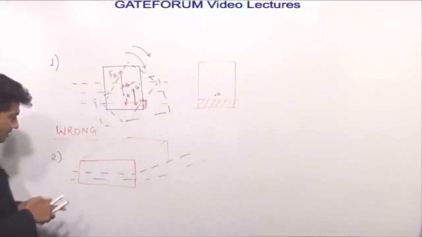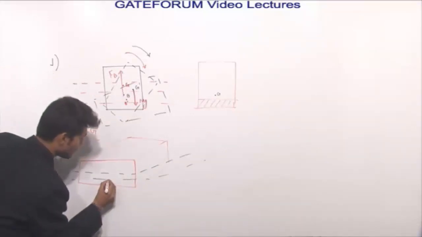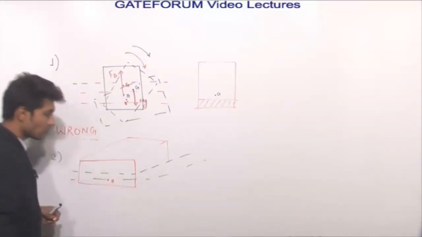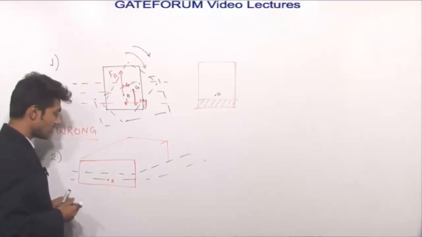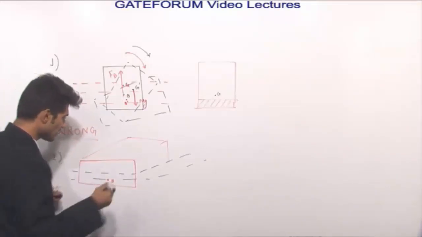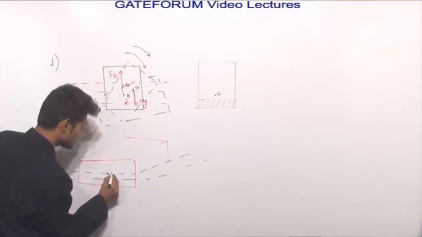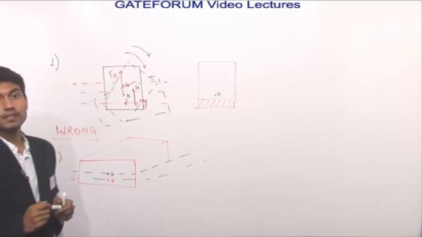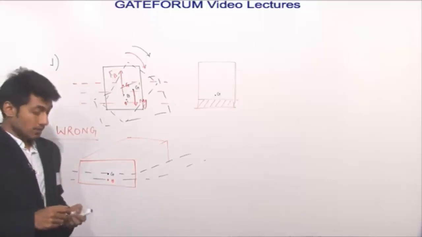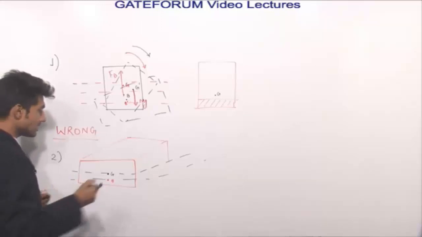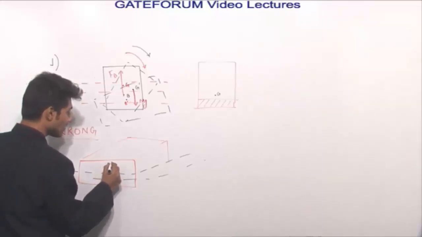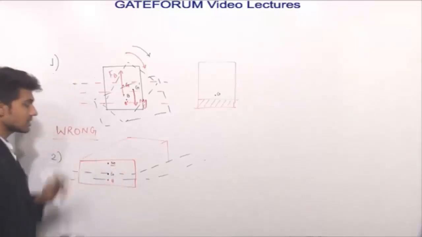So there will be a center of buoyancy, there will be a center of gravity. So both the points are there. Now the metacenter will be somewhere over here. I am assuming metacenter is over here.